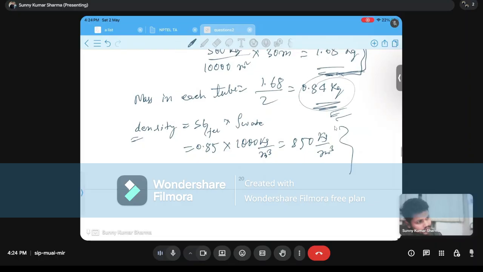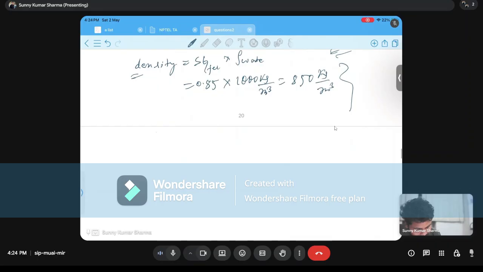So volume is equal to mass by density. We can directly put volume is equal to mass by density, and mass is 0.84 by density is 850 kg per meter cube. So this will come in meter cube. So it is 0.84 by 850.